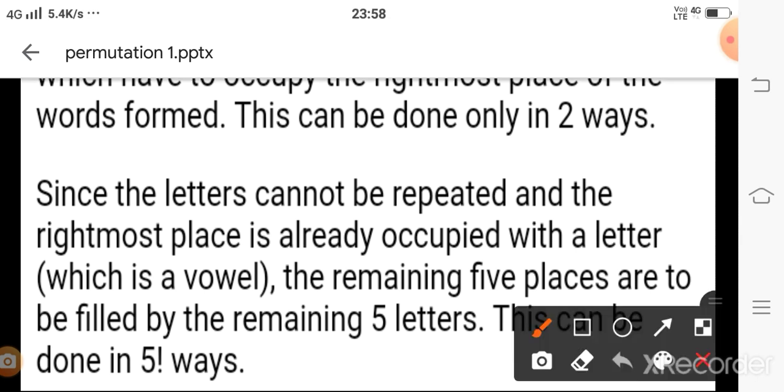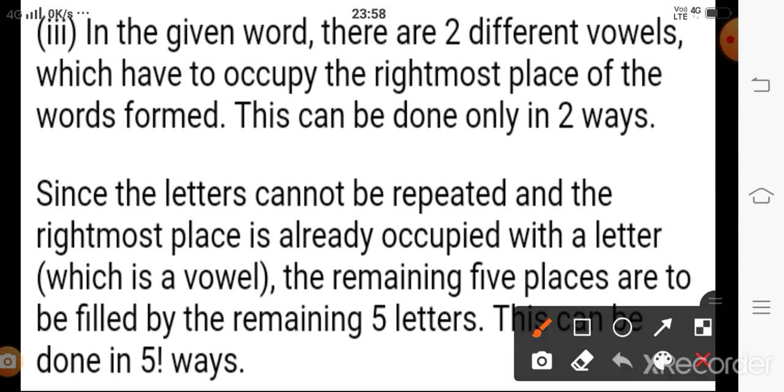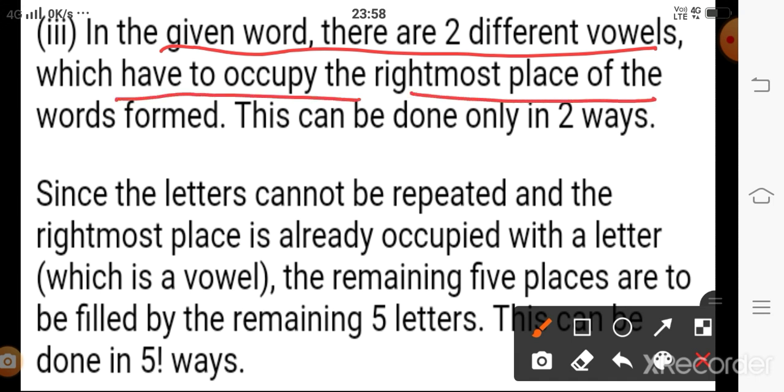In the third one, there are 2 different vowels that have to occupy the first place of the words formed. This can be done in only 2 ways.